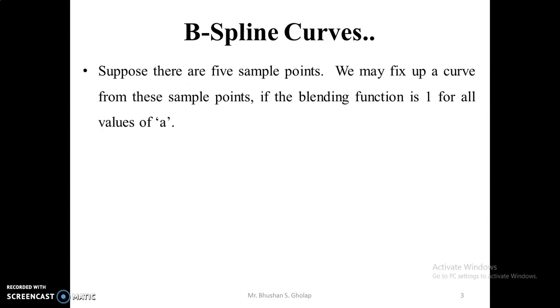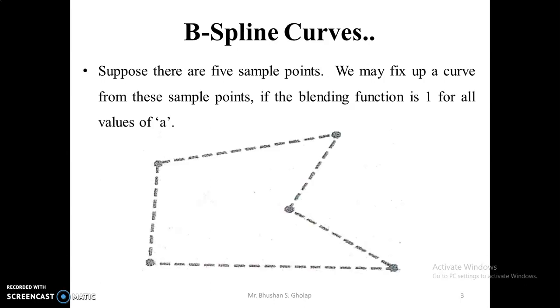Suppose there are 5 sample points and we may fix up a curve from these sample points as shown in the figure, if the blending function is 1 for all values of a.